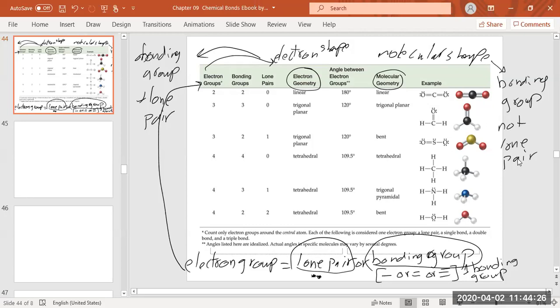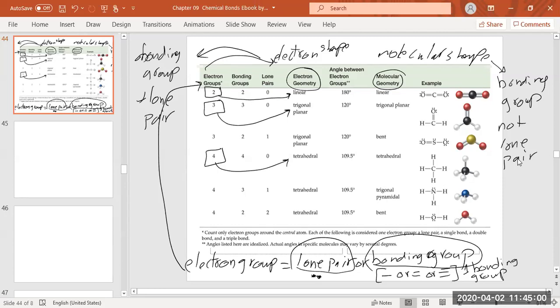For electron groups, if we have two electron groups, it will be linear. If we have three electron groups, it will be trigonal planar. If we have four electron groups, it will be tetrahedral. So two electron groups, linear; three, trigonal planar; four, tetrahedral.